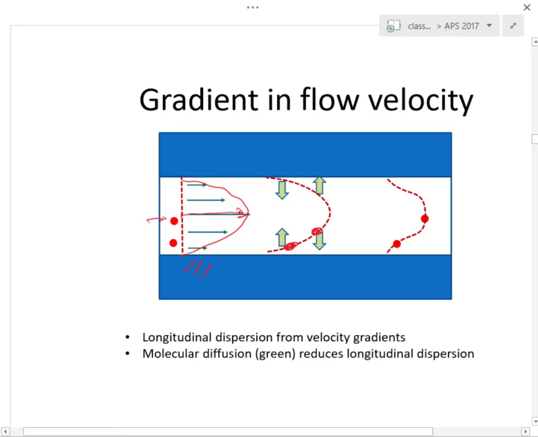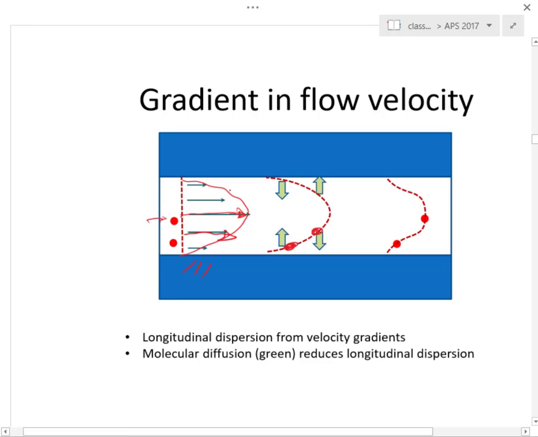Okay? So that's a dispersion process where they're separated longitudinally as a result of this difference. It's basically a gradient in the flow direction perpendicular to the direction of flow. So it's a result of the shear that results from these different velocities.